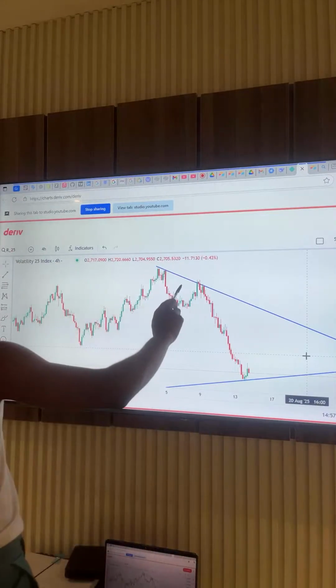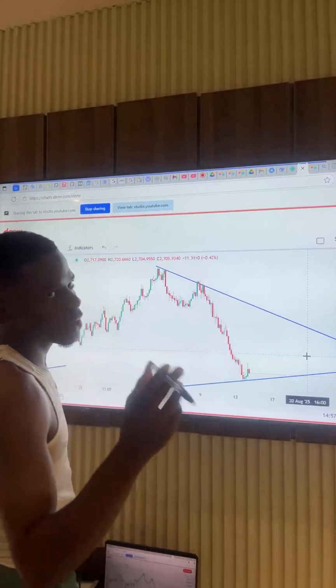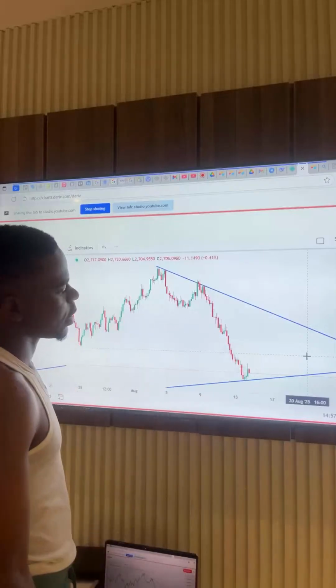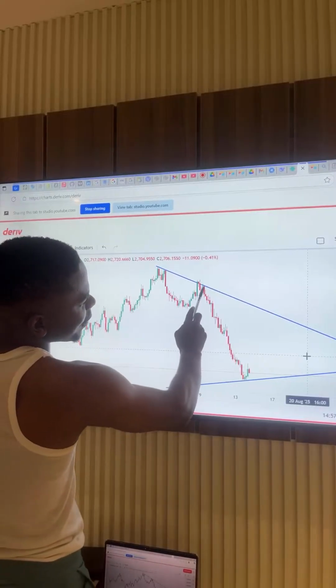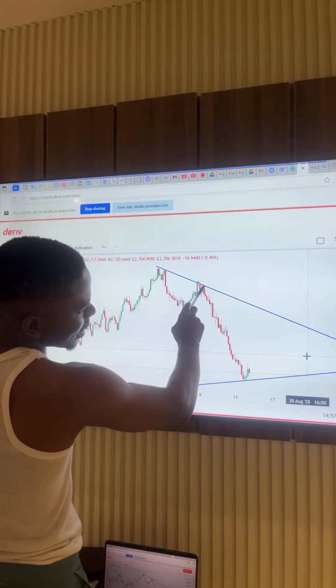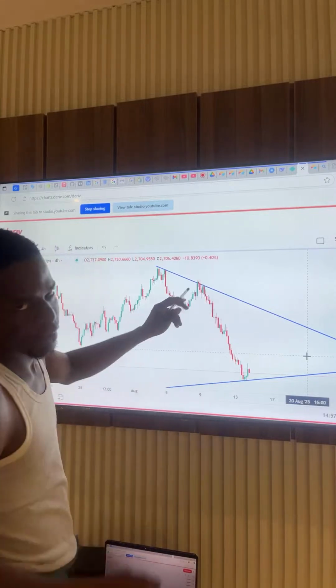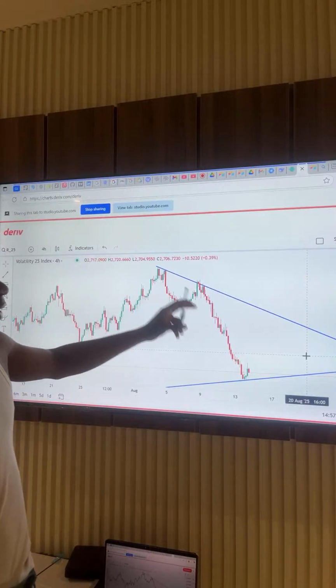Once market moves above the trend line, if it is going to obey the trend line and the sell or the buy, market will surely come down, tap the trend line and start selling from that particular point. It taps the trend line, which makes it a valid trend line.